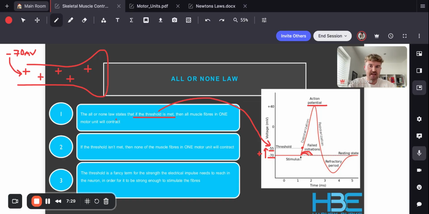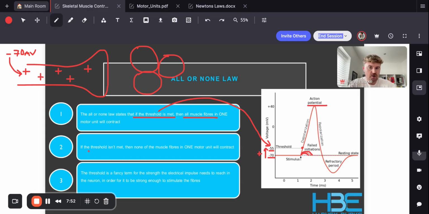The all or none law states that if the threshold is met, if that -55 millivolts value is met, then all of the muscle fibers in that one motor unit will contract. So let's say there's just 3 muscle fibers here. All 3 of those fibers will contract because the threshold was met in the neuron.